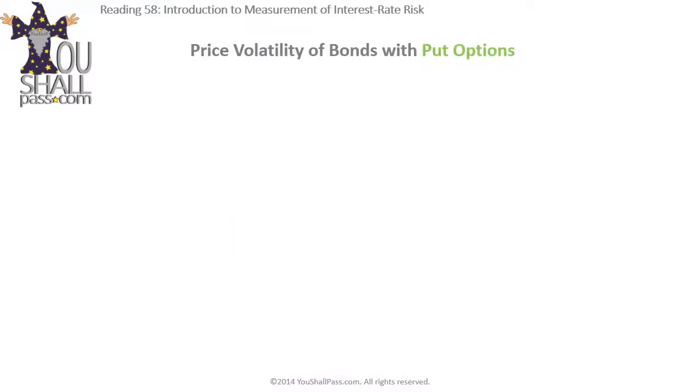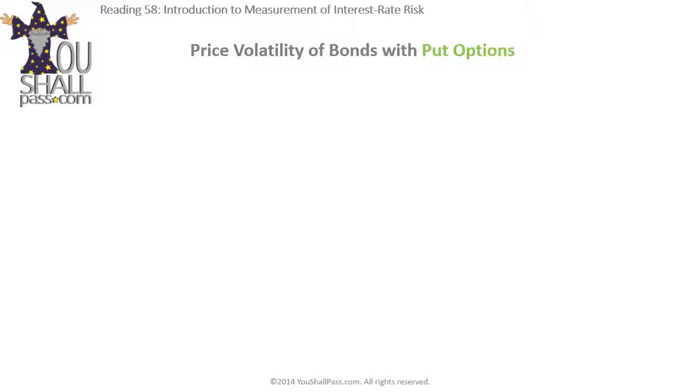In the case of put options, where the investor has the right to put or sell the bond back to the issuer at a certain price, the sequence of events and the logical reasoning is turned on its head compared to callable bonds.